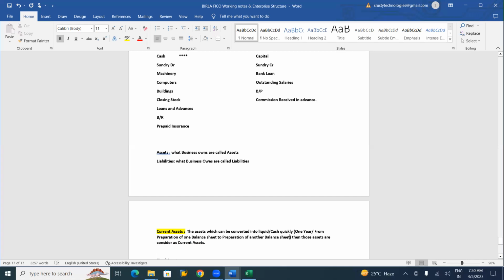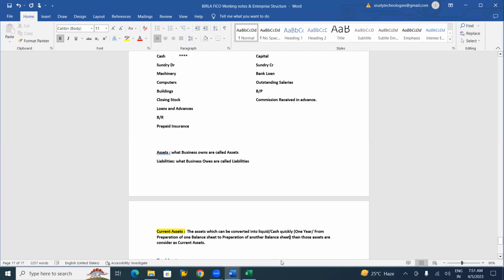Normally, preparation of one balance sheet to another balance sheet, we will take 1 year. So whatever assets we can convert into cash from this balance sheet to next year balance sheet, those assets are nothing but your current assets.